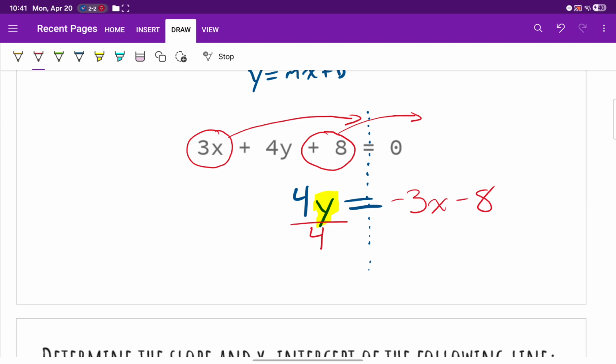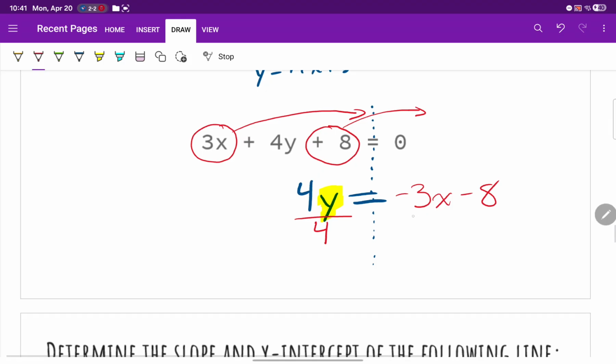When you have more than one term on the right side, you divide each of those terms by 4. The 4s on the left cancel out. We have y equals, and on my right side, negative 3 over 4 x minus 2.